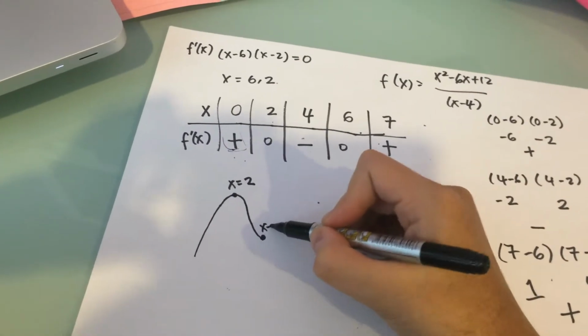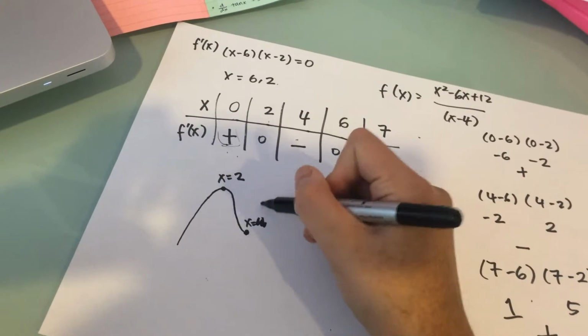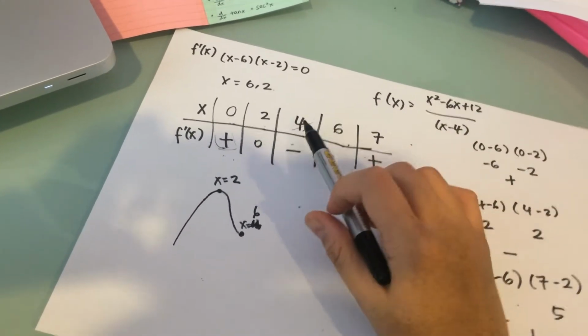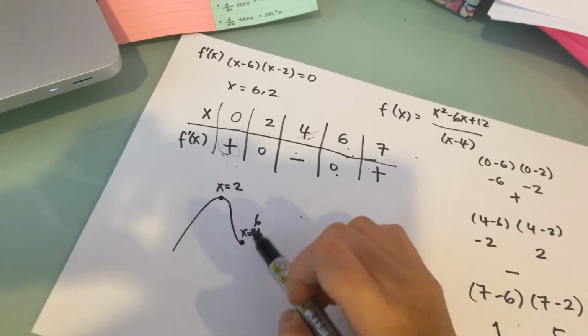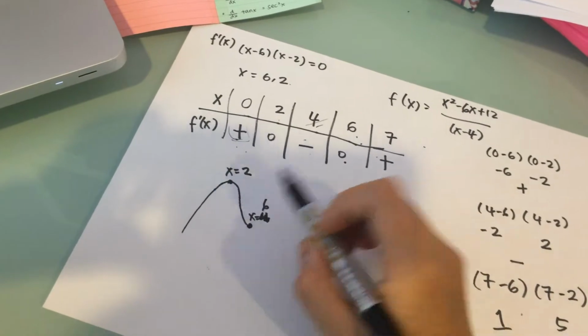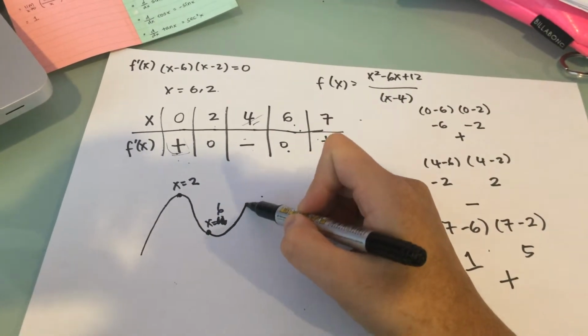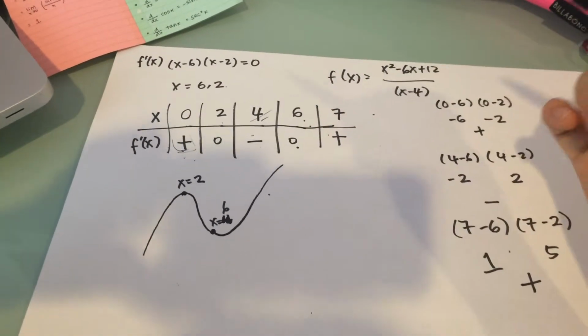Until x equals 4, this is x equals 4, and then x equals 6. Sorry, I just chose the value 4. So it will decrease until the value of 6 because it's 0. This is decrease until x equals 6, and then increase again forever.